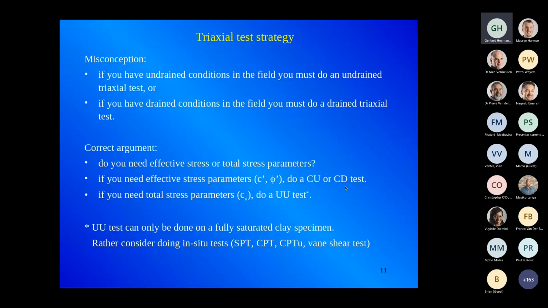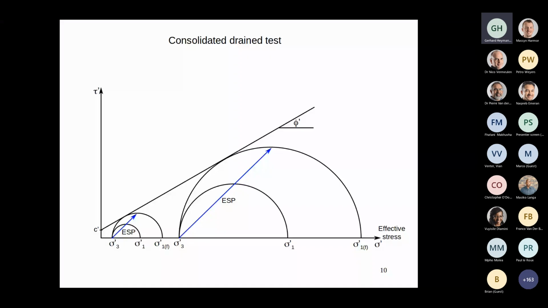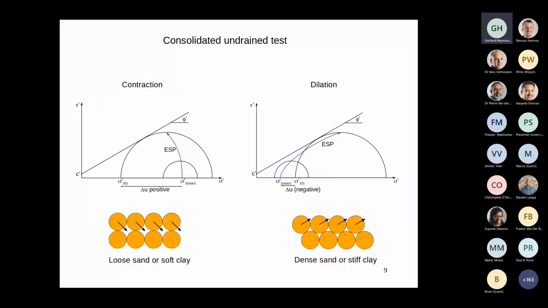Now, often when I speak to an audience of engineers, they would say consolidated undrained, and I would say why? And they'd say it's much faster, and I would agree. It is much faster, but that is not the main reason. I've already alluded to the main reason, and the main reason is because the information contained in a stress path for a consolidated undrained test is much more than the information contained in the stress path of a consolidated drained test.